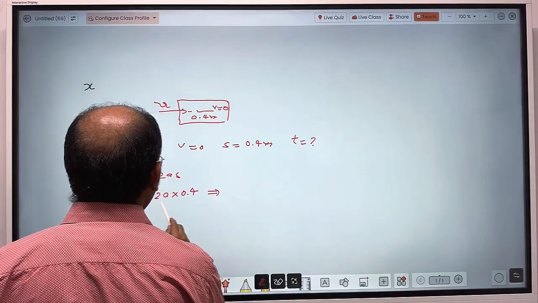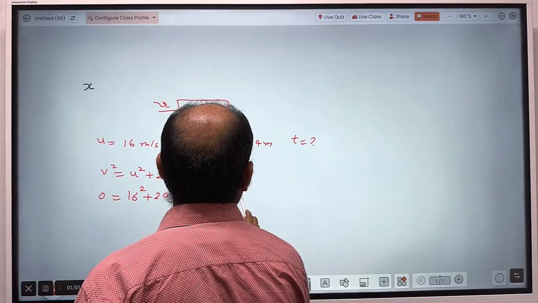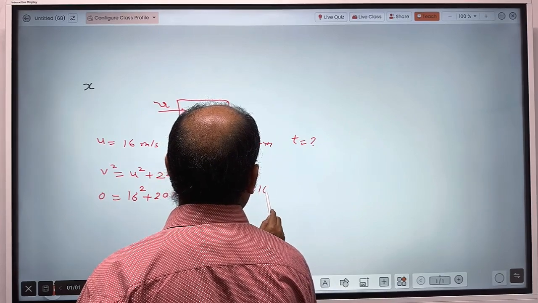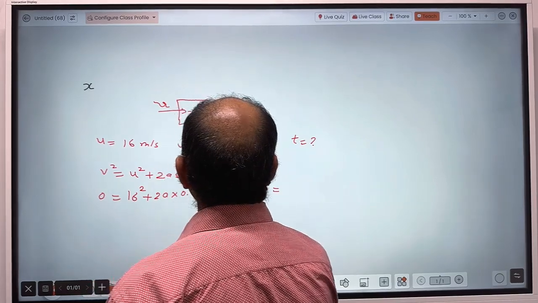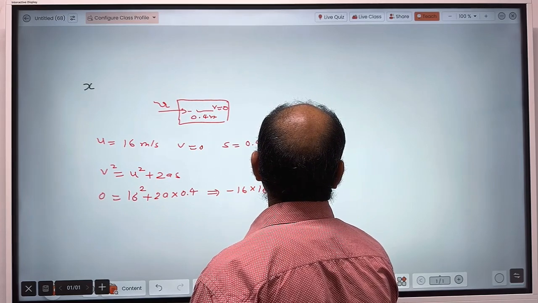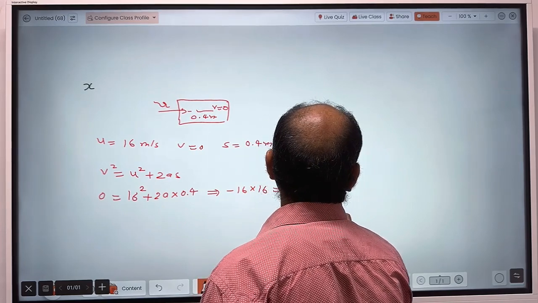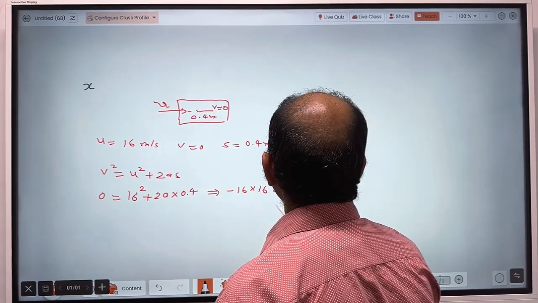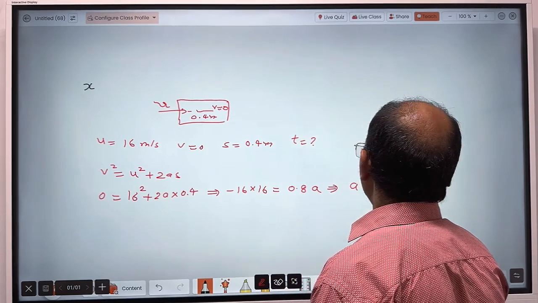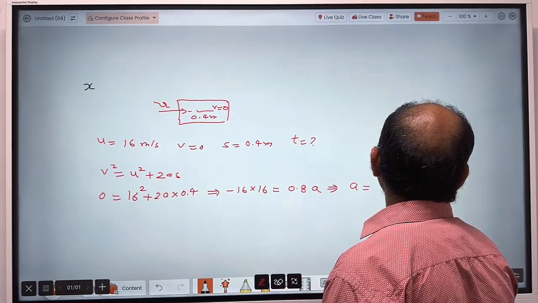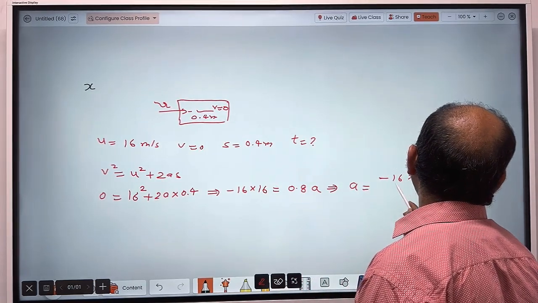So this gives minus 16 into 16 equals 0.8 a. You can further simplify.